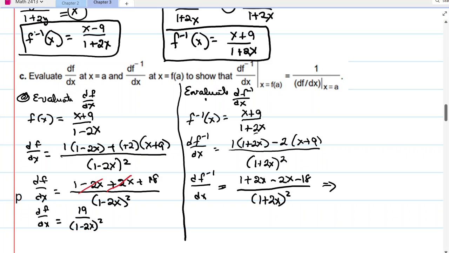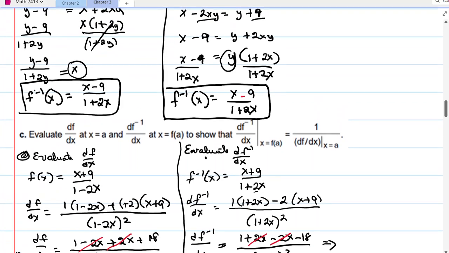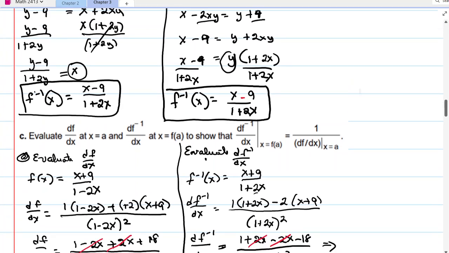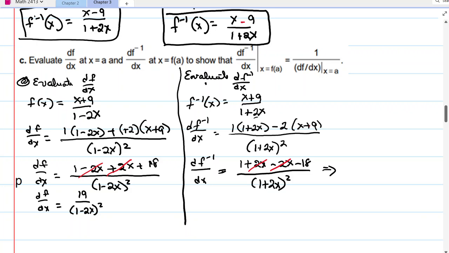And I'm going to have additive inverses. Oh, and that's a minus 18. That's a minus, I'm sorry. See what I did? I miswrote it. It's a minus. Careless. Don't be careless like your instructor. And we're going to have 19 over (1 plus 2x) squared.